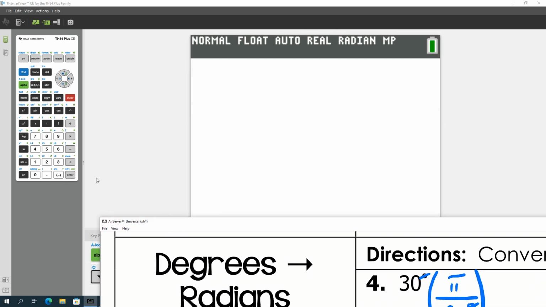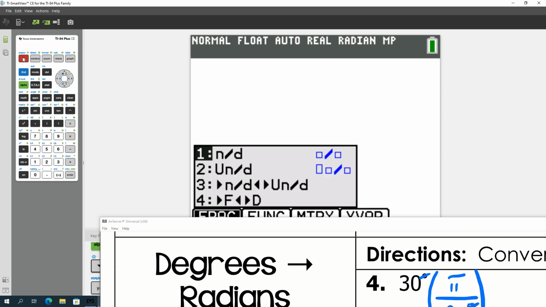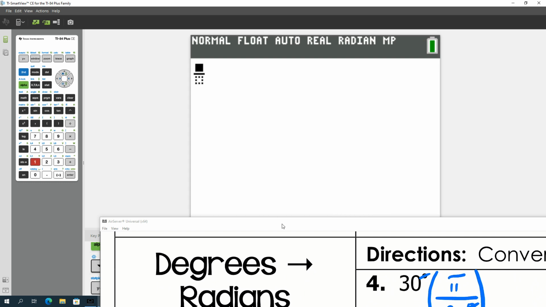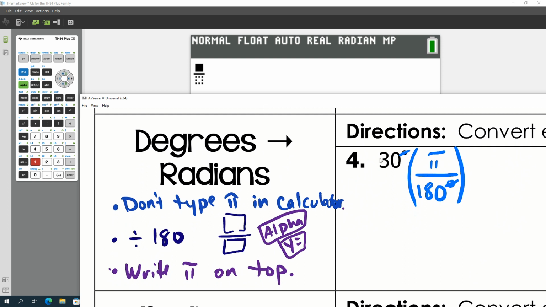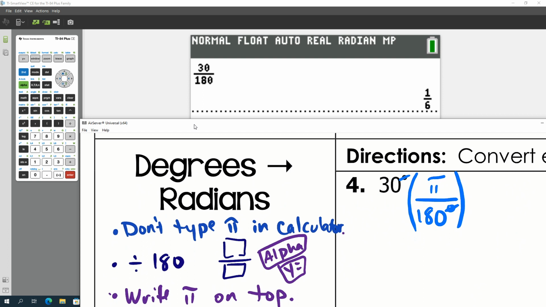Okay, so when I do alpha y equals, I'm going to choose number 1, and I'll get my little fraction. Right, so whatever the degree is, the 30 degrees, we're going to put that on the top of the fraction, and we're going to put 180 on the bottom. All right, and then we get that fraction, 1/6.